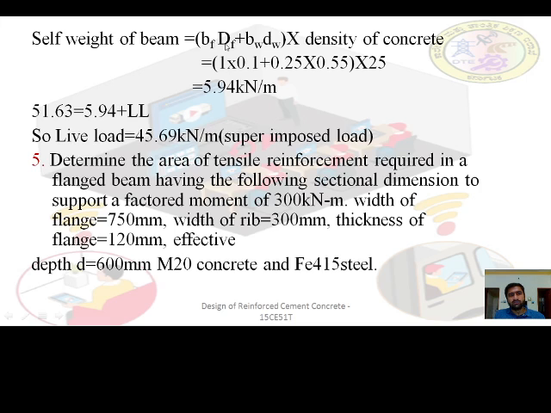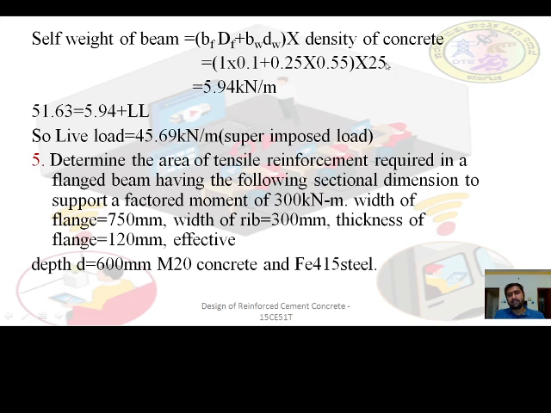So BF into DF, that is the width of the flange, the width of the T-beam, into the depth of the flange, plus the remaining. If I take the T section, the top rectangle is BF into DF plus BW, that is the width of the web, into the depth of the web. That's why we calculated the depth of the web.